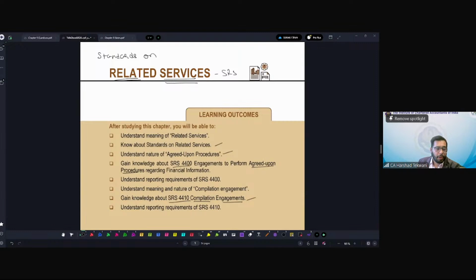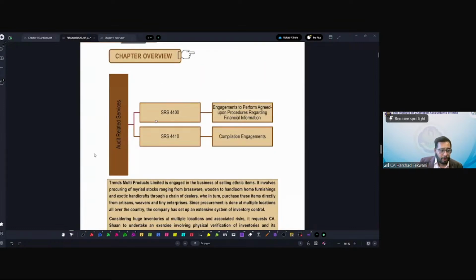Okay. If no doubt, then see, as I told you, there are two specific standards that we will be covering, SRS 4400 and 4410. We will start with 4400 first.